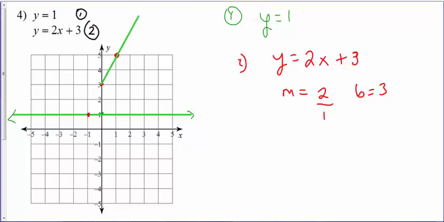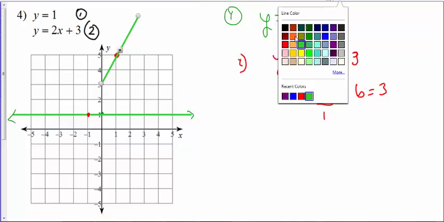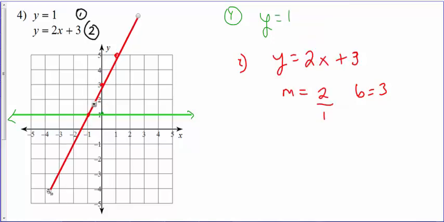I want to go ahead and change that color to red while I'm doing it. All right, we're going to extend this line right there.